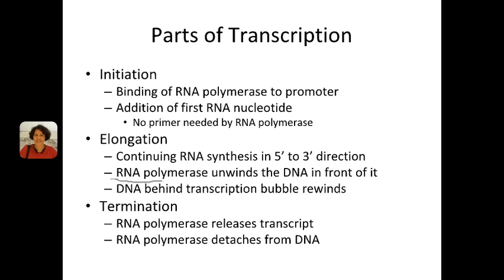The place where the 2 DNA strands are actually separated is called the transcription bubble. The transcription bubble is relatively small, maybe 17 to 18 base pairs are separated in that bubble. Then comes the termination part, in which RNA polymerase releases the transcript, the RNA, and then it detaches from the template, from the DNA.